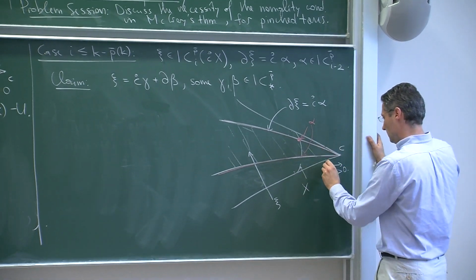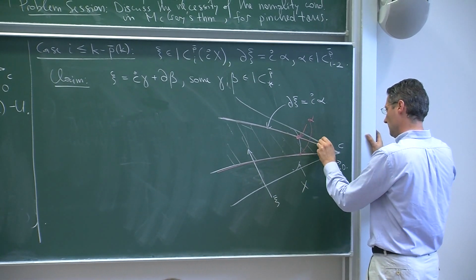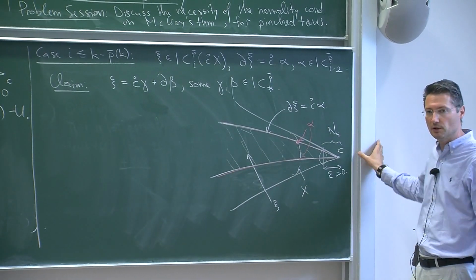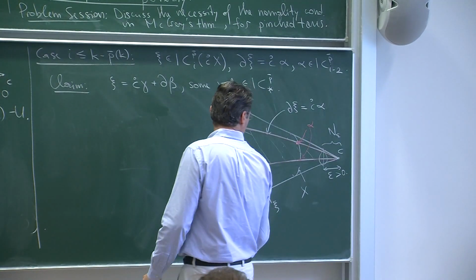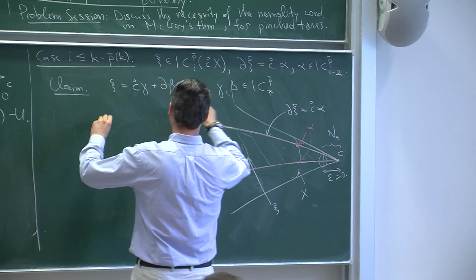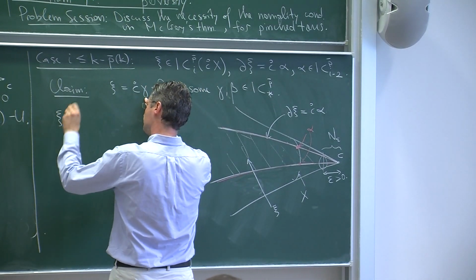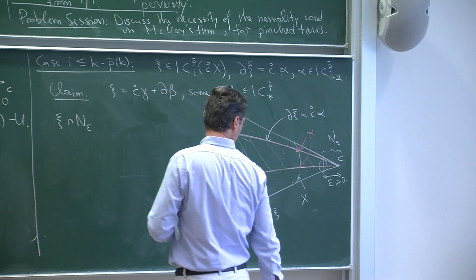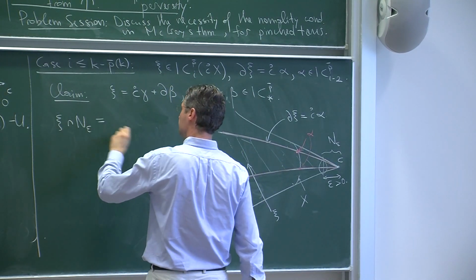So if I go in epsilon here, let me call this region N, or N epsilon. That's a small epsilon neighborhood of the cone. So I know that the given chain over such a neighborhood must certainly look like the cone on something.